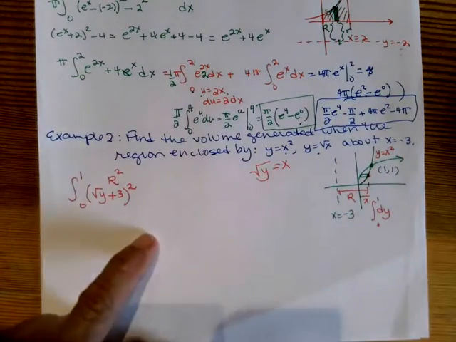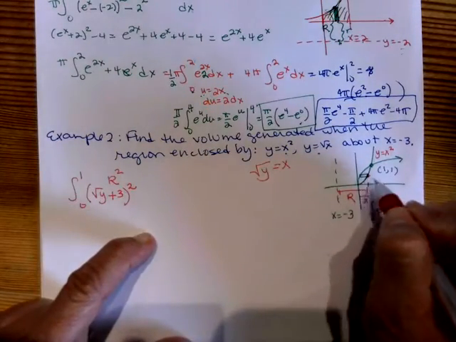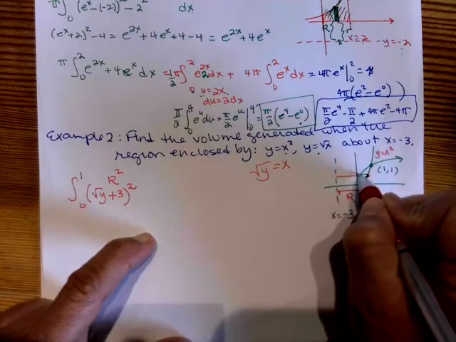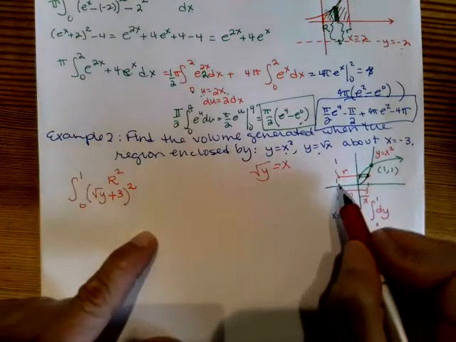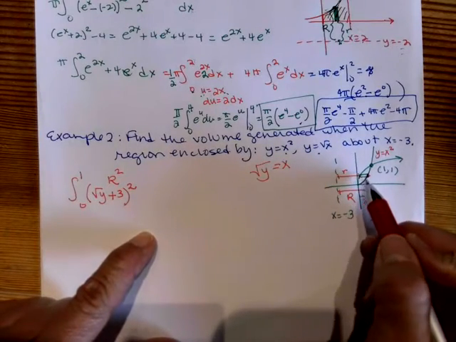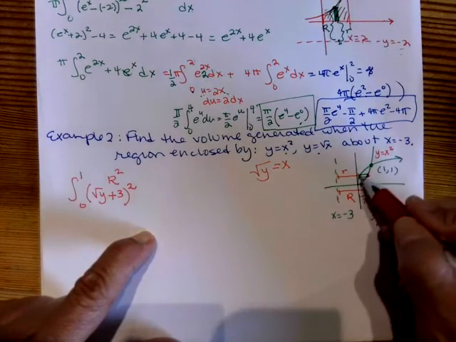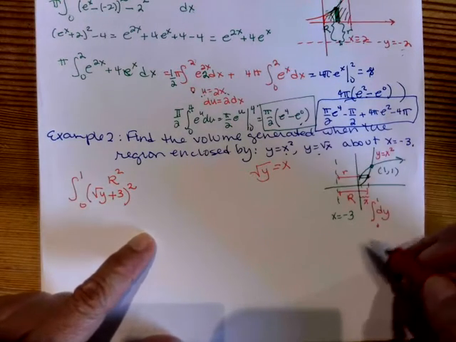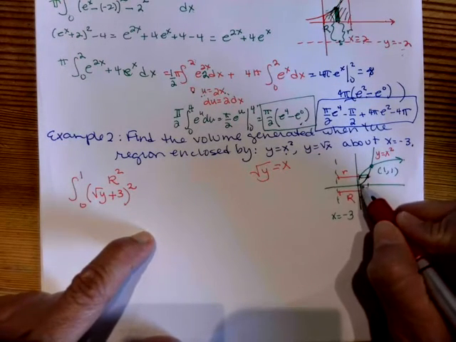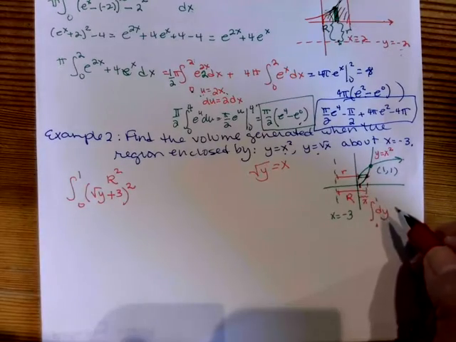Okay, so now let's see if we can do it for the other one. So little r, for that inner region, goes again from -3 over to the x value for the square root graph. But again, I need the x value in terms of y.